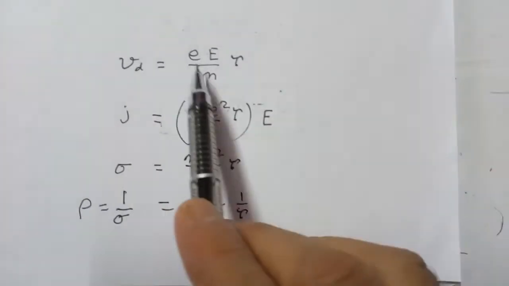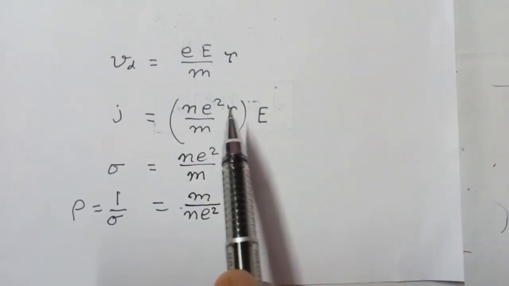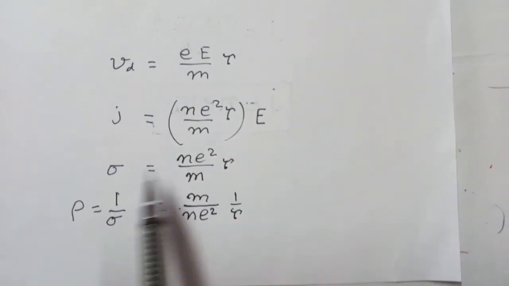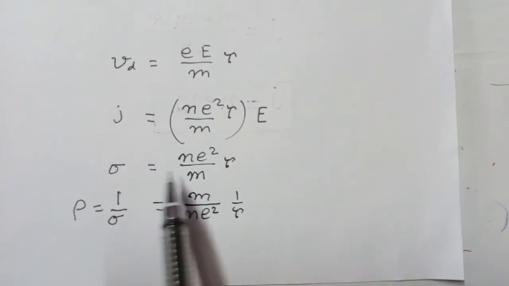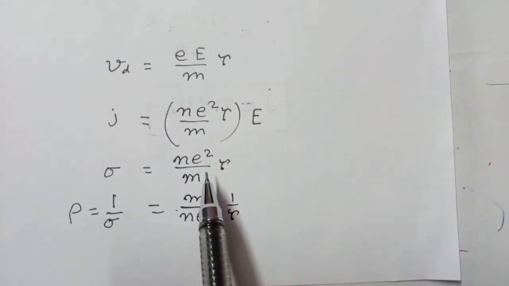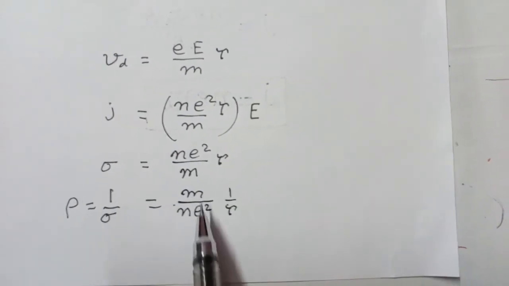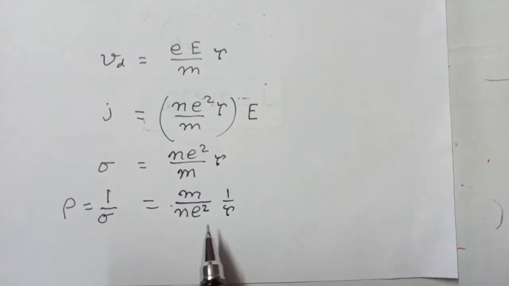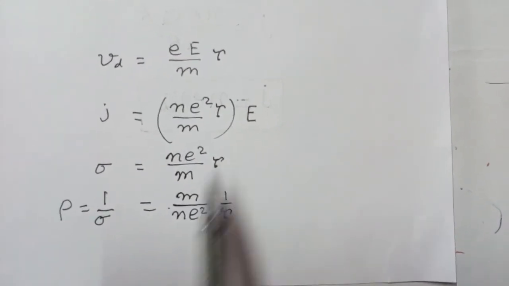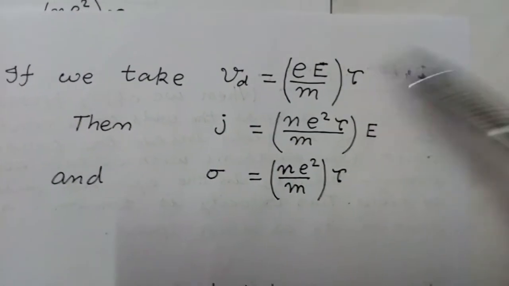So Vd is equal to e E upon m into tau. So J becomes ne square tau upon m into capital E. Conductivity sigma is equal to ne square tau upon m, and resistivity rho is equal to m upon ne square into 1 upon tau. So in some books this is also given like this.